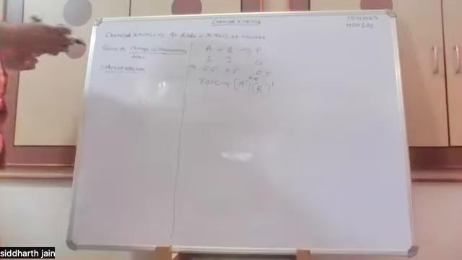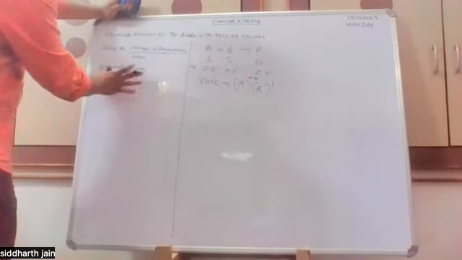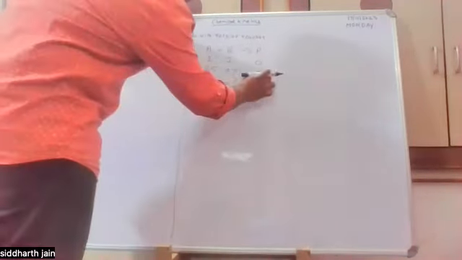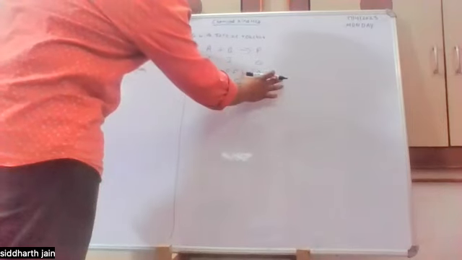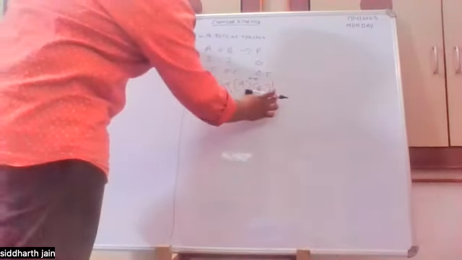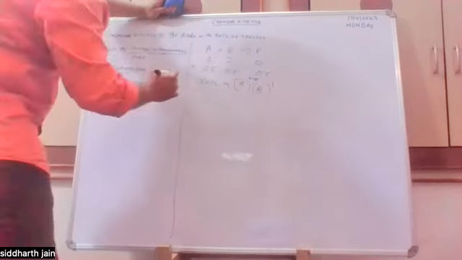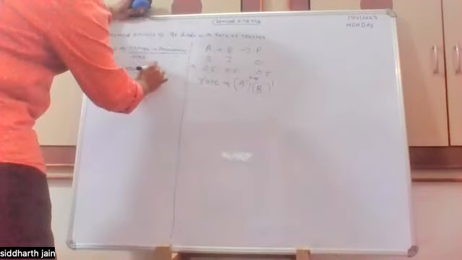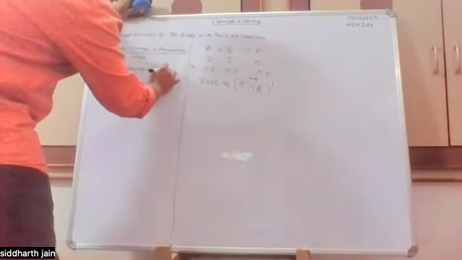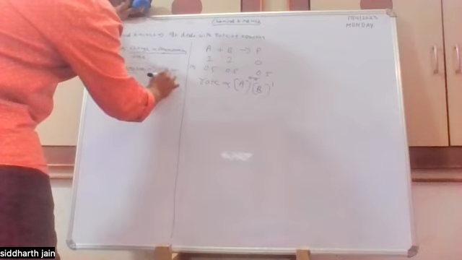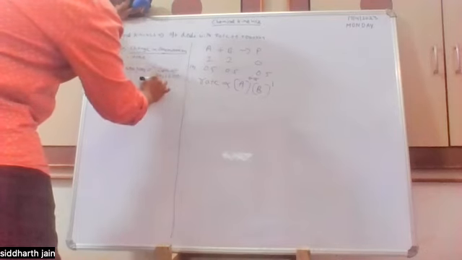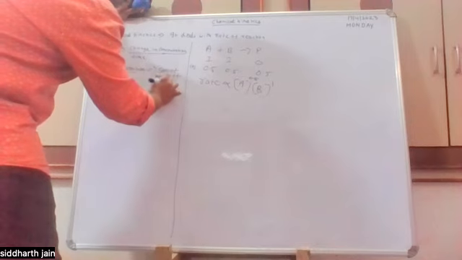So the sum of these coefficients which are written as powers of the concentration terms, we call this the order of reaction. So I write: sum of powers of concentration terms in the rate equation.